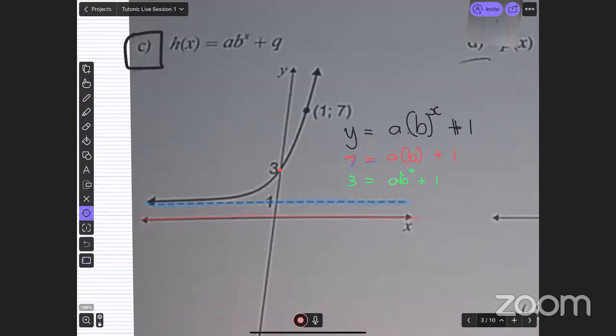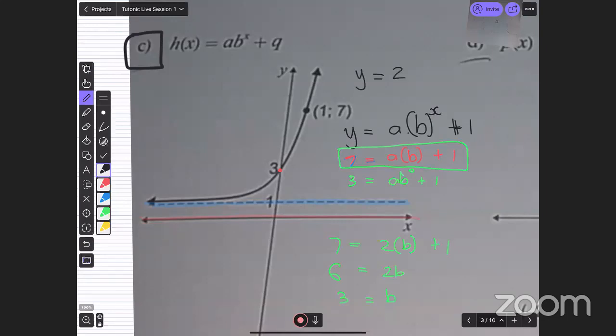So if A is 2, and 7 equals 2 times B plus 1, then 2B equals 6. So B will equal 3.